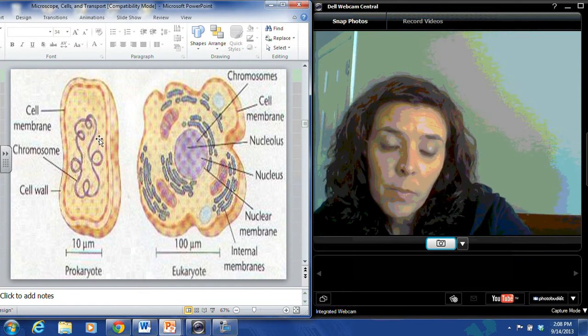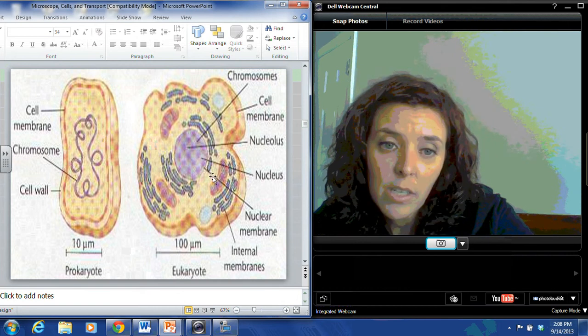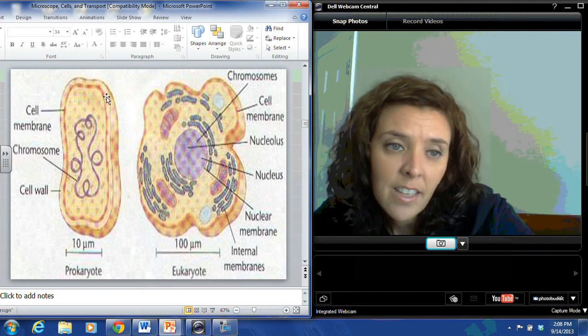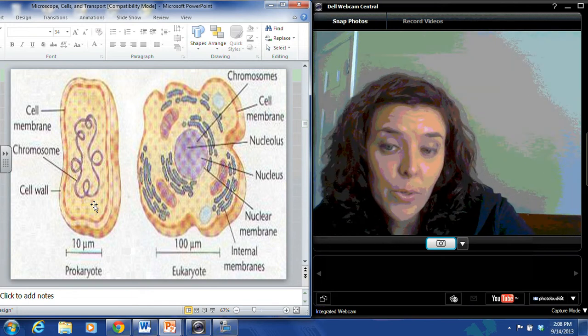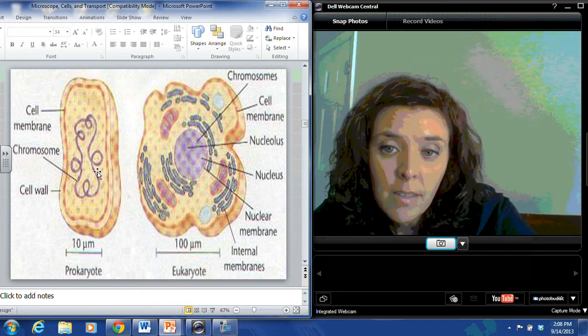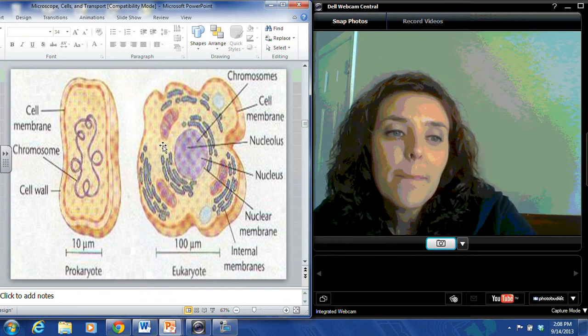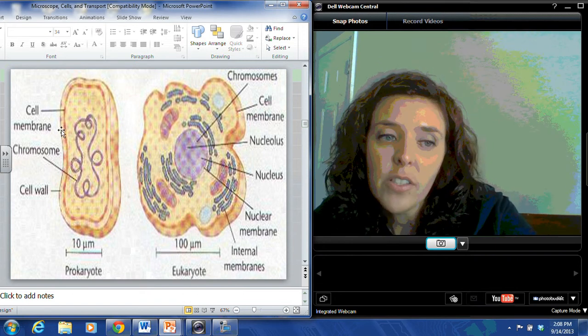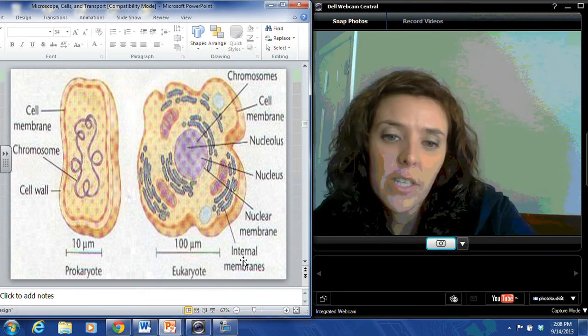Another thing they both have in common is the cytoplasm, all this material in between the organelles, and then, you know, all this clear space here, that is cytoplasm. So both have those. And of course, a cell membrane made up of phospholipids. But bacteria also have a cell wall, just like plants, but made up of different material.